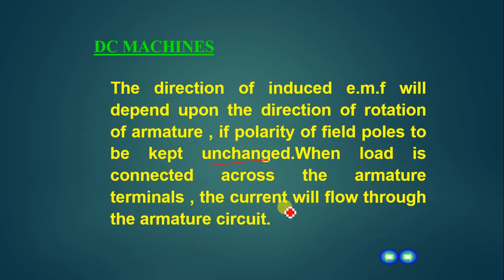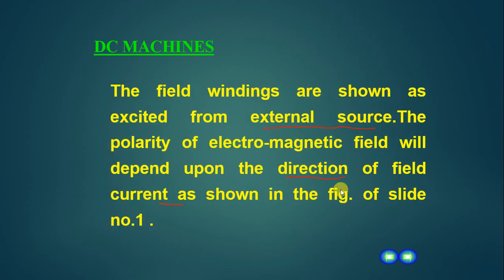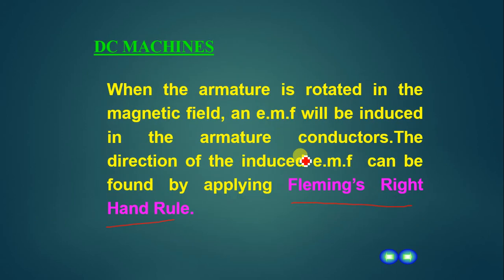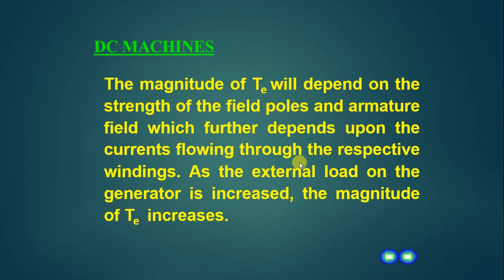Whenever the load is connected across the armature terminals, the current will flow through the armature circuit, just like that shown here. When you connect the armature with an external load, the current will flow from positive to negative or negative to positive, depending upon the type of load you connect.